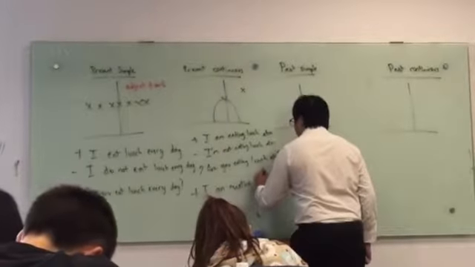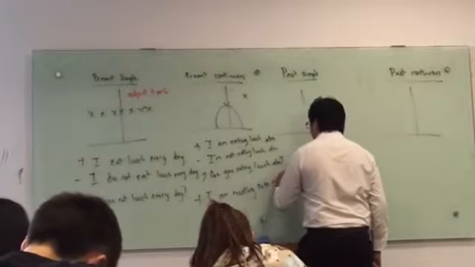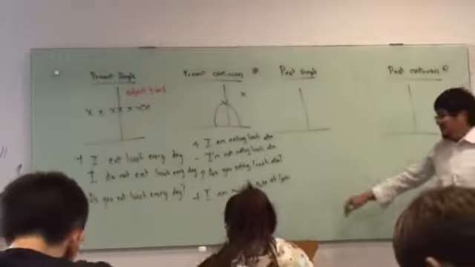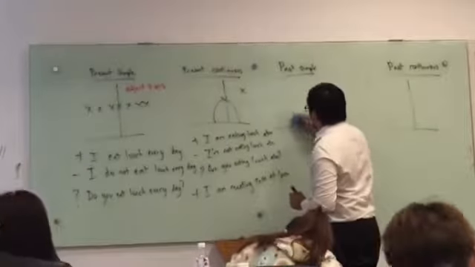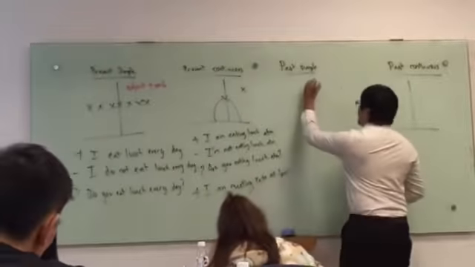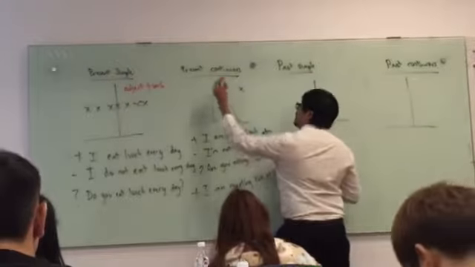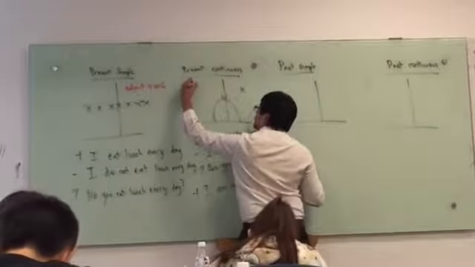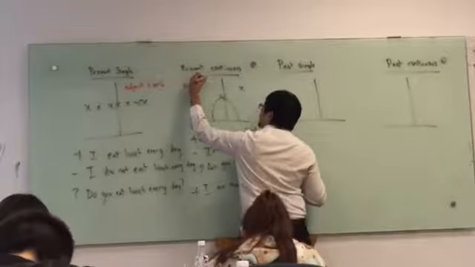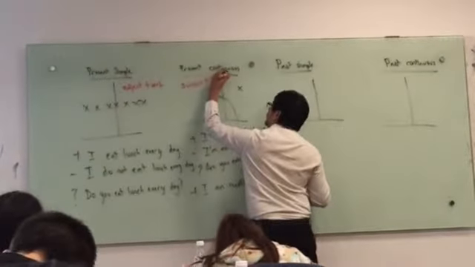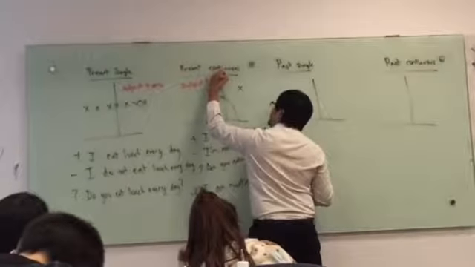Great. Past simple. Oh, sorry, before we do that, let me just write this down. So it's subject plus am, are, and is plus verb in ing.